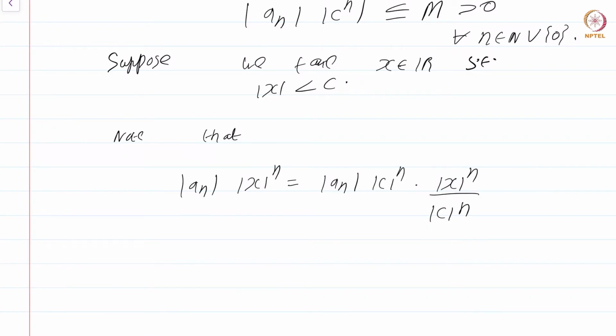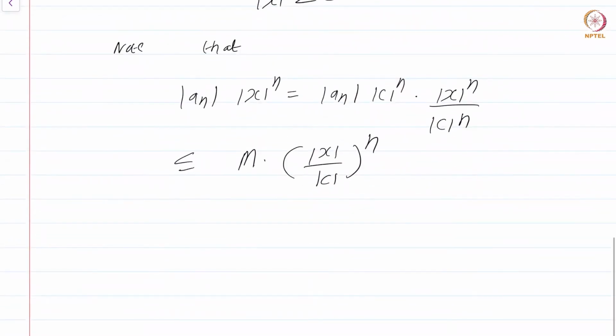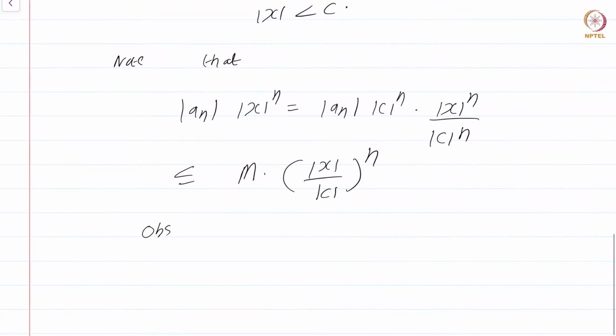I have just multiplied and divided by mod C^n. And by our assumption that mod a_n C^n is less than or equal to capital M, we get less than or equal to M times (mod X by mod C) the whole power n. But observe again that mod X by mod C is strictly less than 1.